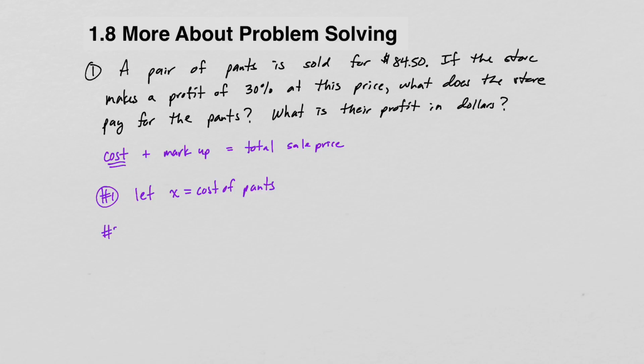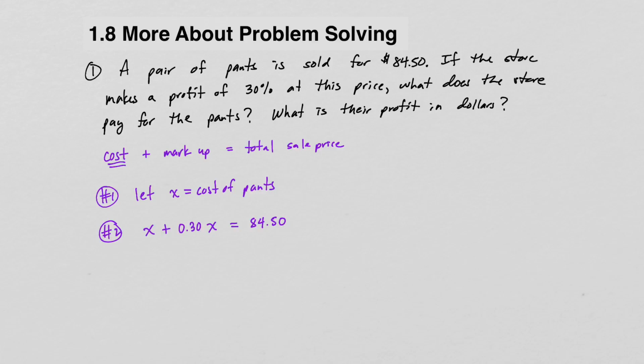So when we write our equation, in step number 2 here, the cost is x, the markup is 30% times x, and that's going to equal the total sale price, which is $84.50.